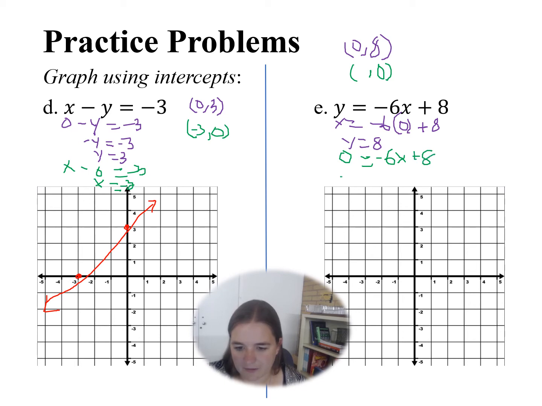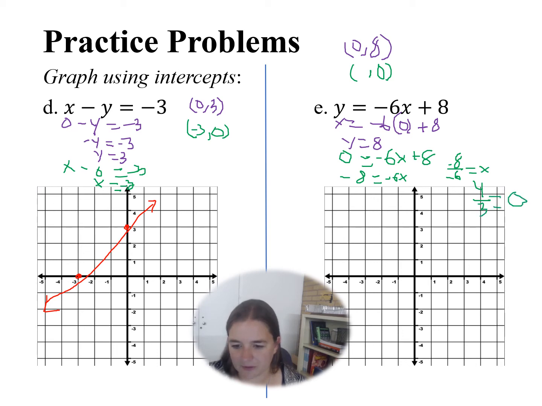Well, I've got to take away 8 from both sides, and I get -8 equals -6x. Divide both sides by -6, and I get -8 over -6 equals x. I can simplify it. When I simplify, a negative over a negative is positive, and 8/6 is the same as 4/3.